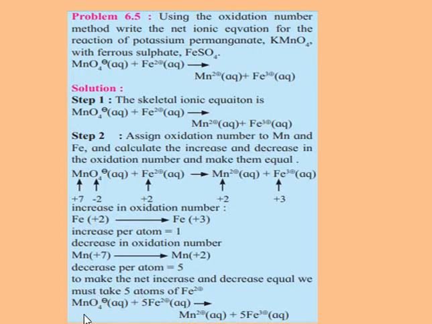Then it gives MnO4- aqueous plus 5 Fe2+ aqueous, which gives Mn2+ aqueous plus 5 Fe3+ aqueous. This means the first equation is multiplied by 1 and the second equation by 5. This is a cross multiplication.